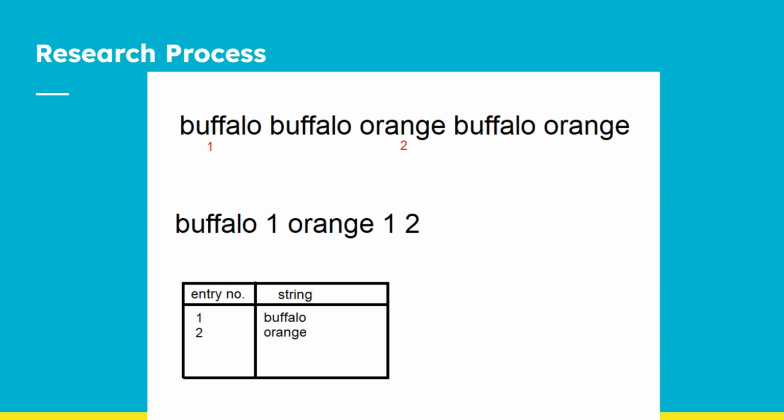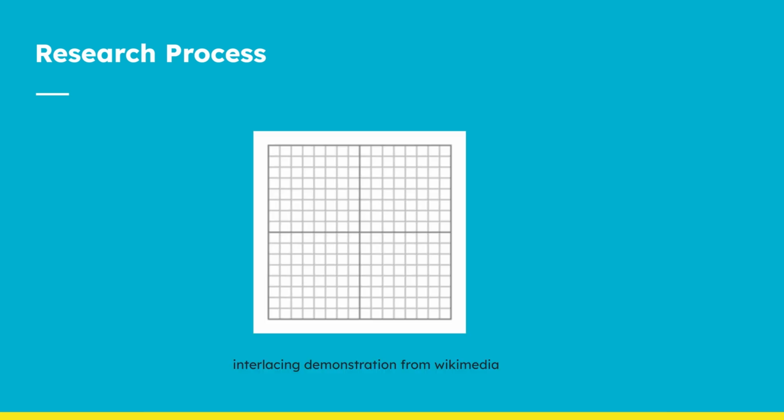If the string is found elsewhere, the instance is replaced by the string's entry number. If the entries were individual words in a text file, for example, the text "buffalo, buffalo, orange, buffalo, orange" might be coded as "buffalo 1, orange 1, 2." This text is 17 characters shorter than the uncompressed version.